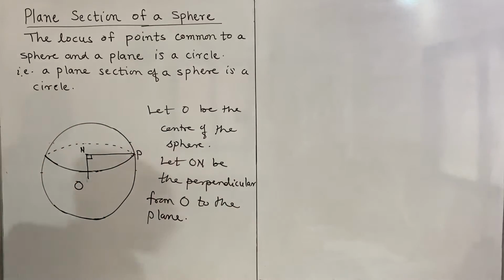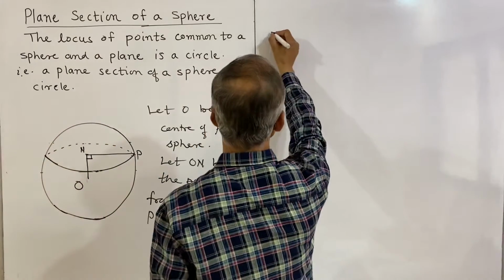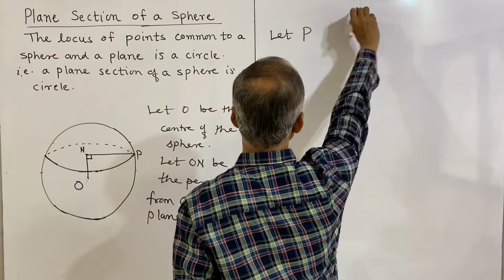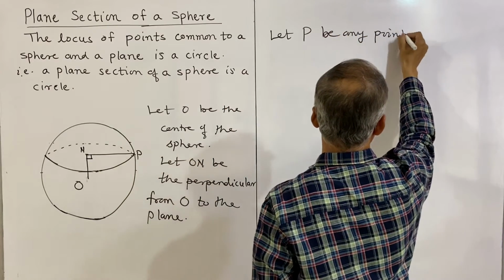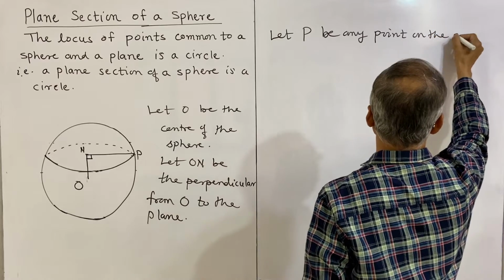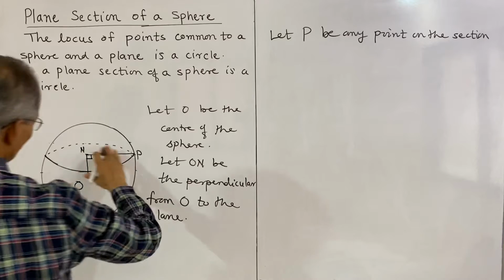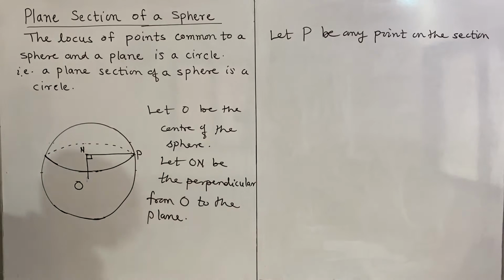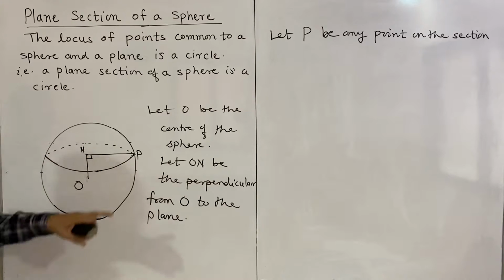N is the foot of the perpendicular. Further, let P be any point on this section. On the section means on the plane. We are cutting the sphere by a plane, and P is a point on that. So P will be a common point on the sphere and the plane.